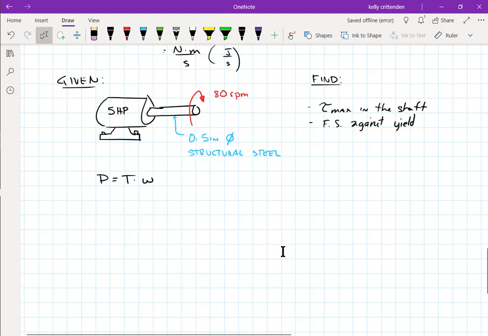So the one thing I'm going to need to do first is I need to know how to put 5 horsepower in the equation. I can't just put 5 horsepower.